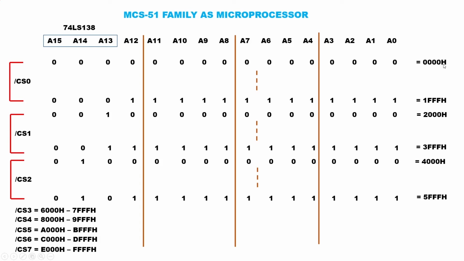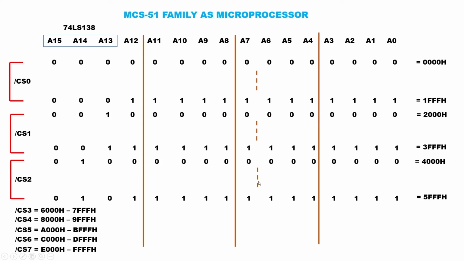from 000H to 1FFH. And here if A13 is high and A14 and A15 are 0, then chip select 1 will be selected, and it will remain selected during the addresses from 2000H to 3FFH.